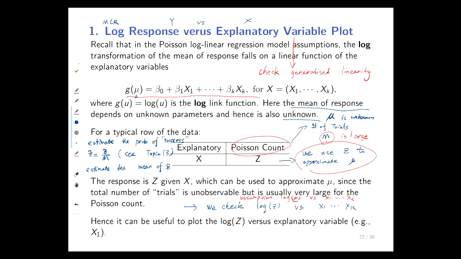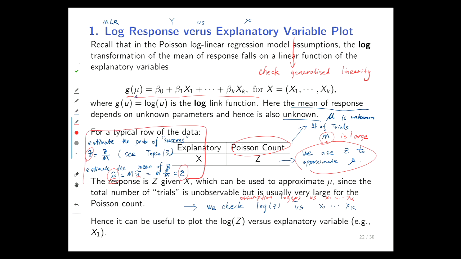By using the binomial idea, if you still remember, the mean of z, mu, is equal to the total number of trials m times the probability. So by plugging in the estimated probability here, we can obtain the estimated mean of z, which is equal to m times z divided by m, which equals z. So that means we can actually estimate mu by using z.